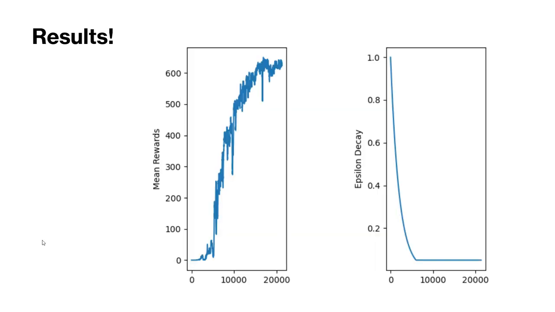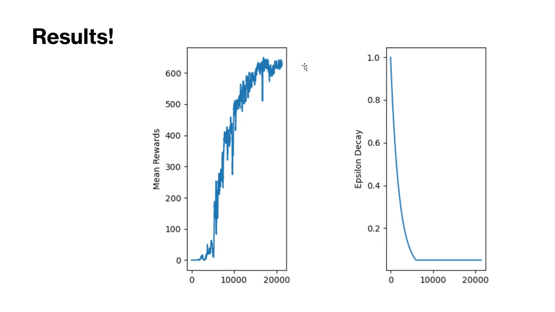On the left hand, we have a graph of what I called mean rewards. The idea is we take the previous 100 runs, and we look at what was the score, and then we average it. So this will tell us over time how well we are doing on our controller, and the x-axis, I forgot to label it, is the epochs.